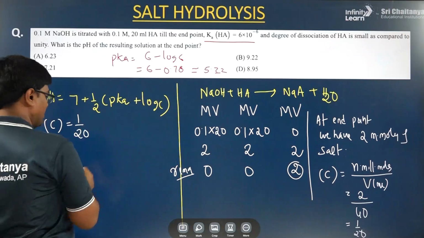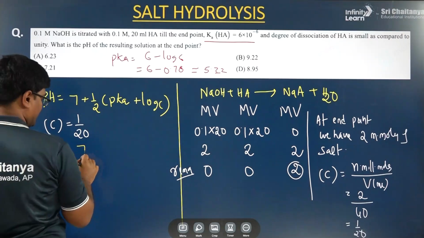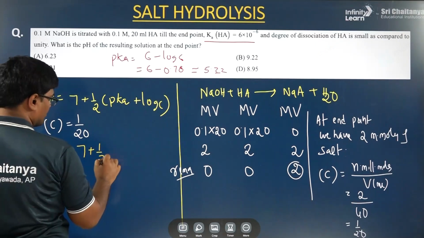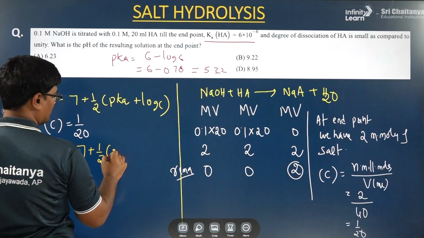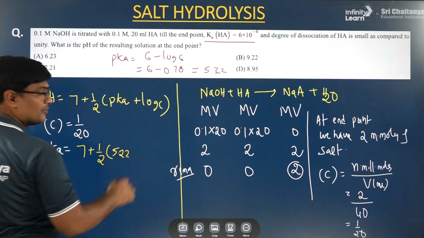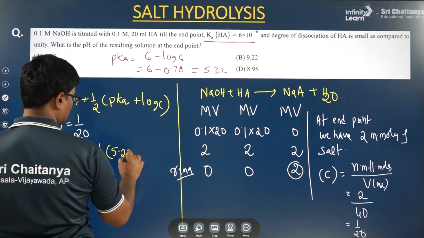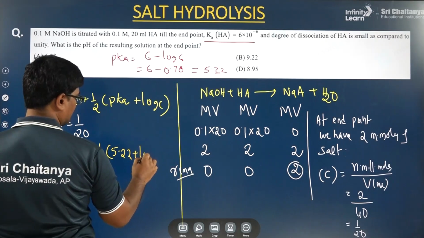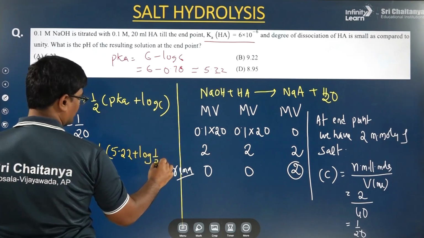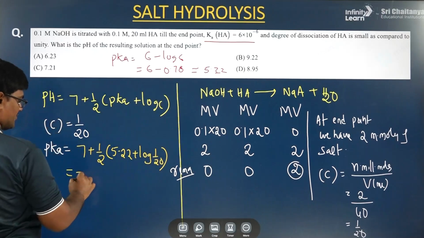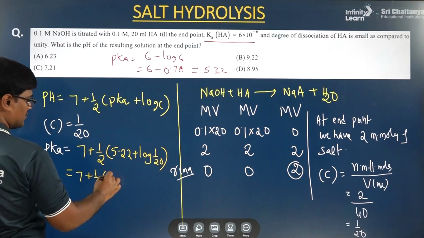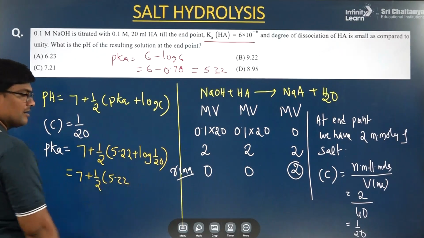Now, if you substitute the data, we are going to get 7 plus half pKa, approximately 5.22, plus log C, log 1/20. So, that is 7 plus half 5.22. What is the value of log 1/20?